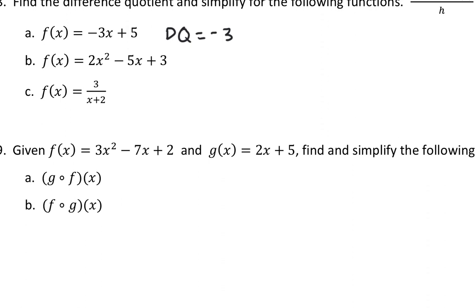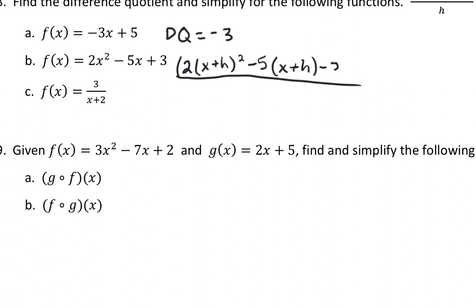Okay, next for part B, we have a different f of x, but we're just going to follow the same process again. So we'll have 2 times x plus h squared minus 5 times x plus h plus 3 minus 2x squared minus 5x plus 3.